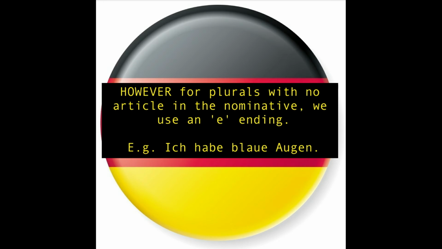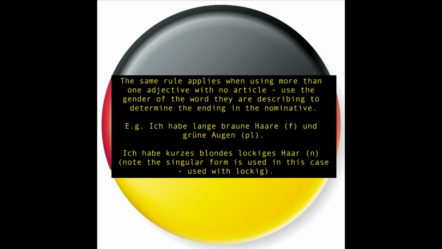As you can see from the table, in the nominative, the plural adjective ending is E. For example, Ich habe blaue Augen. Augen is plural, that's eyes. However, it is blaue Augen and not blauen Augen when there is no article present.